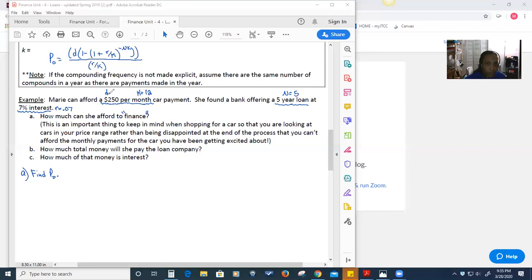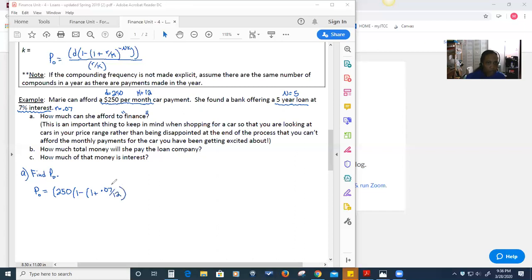All right. So now it's a matter of plugging in the numbers and working the formula, which you're pretty familiar with from doing the payout annuity formula. So the mechanics of this are actually exactly the same. The only thing that's different with the loans formula is the interpretation of the variables, how you think about things. All right, so parenthesis 250 for D, parenthesis 1 minus, parenthesis 1 plus R over K, which is 0.07 over 12.